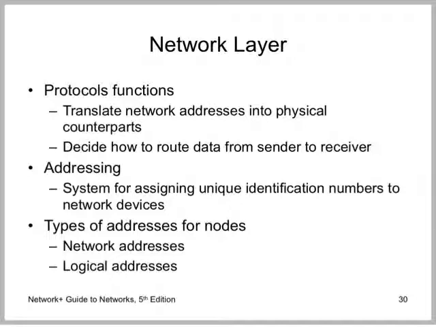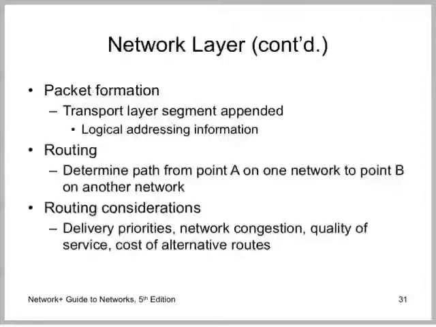Every device on your network has a unique network ID that the network gives it. Types of addressing for nodes are network addresses, as I mentioned already, and then logical addresses. Some of those logical addresses are where either the device has been given the address or it's been coded in upon setup.